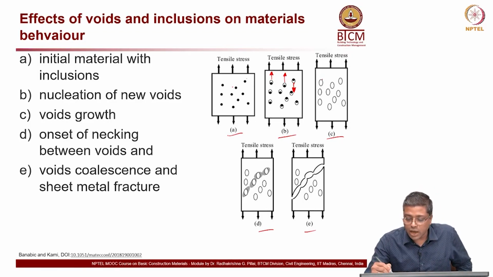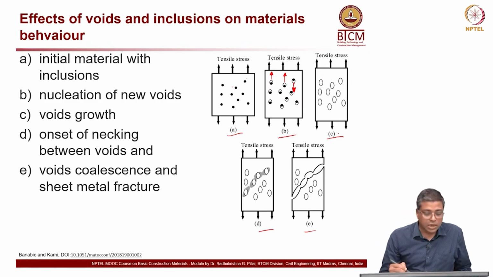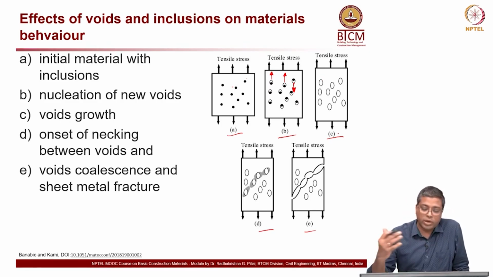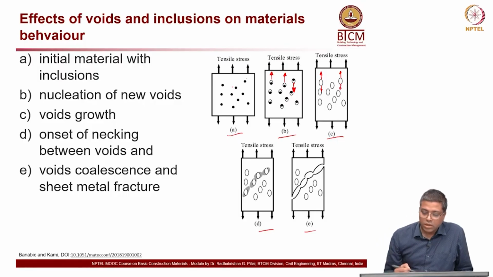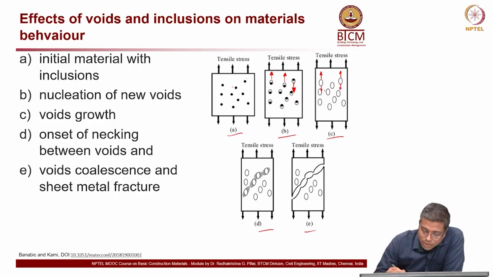So eventually you have this stage as in C, where these voids start growing. Here you have this, and you have this, it is growing here. Now, eventually after some time, they will grow in such a way and try to join. So, onset of necking, this is where the necking happens.